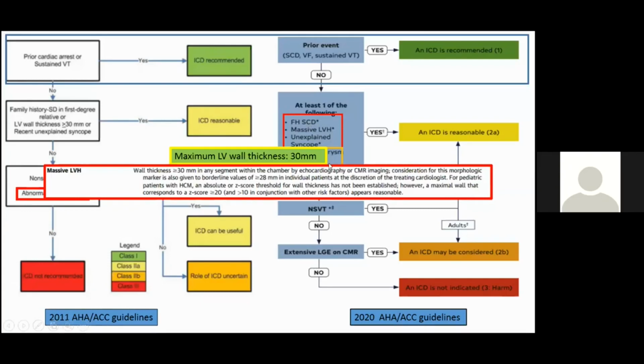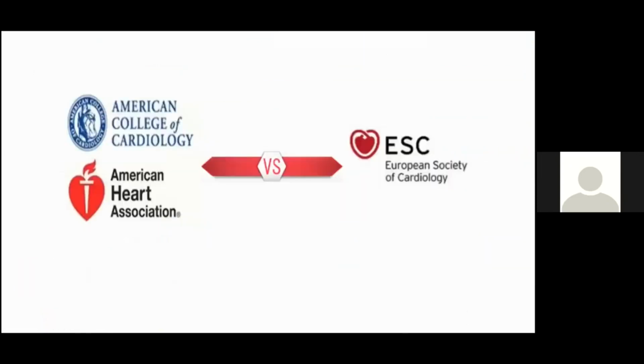So our patient has massive LV wall thickness, which falls into this category. She has one major risk factor, which makes her eligible for an ICD implantation with a 2A indication according to the American guidelines.